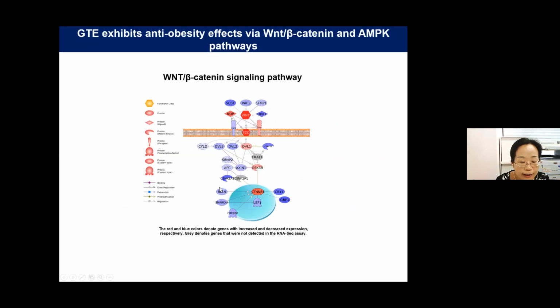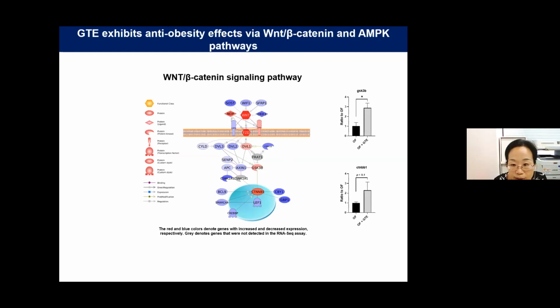We can see in the Wnt canonical signaling pathway, the Wnt Frizzled complex and its downstream genes GSK3B and CTNNB1 were upregulated by GTE.